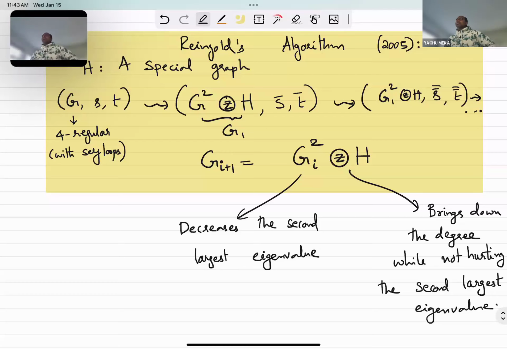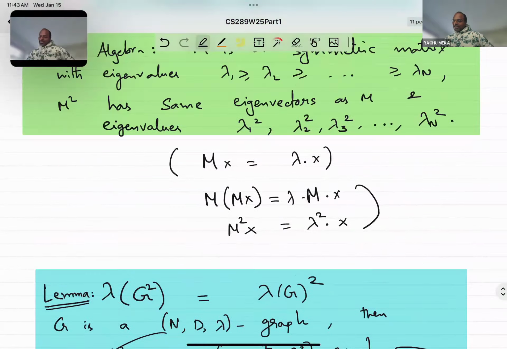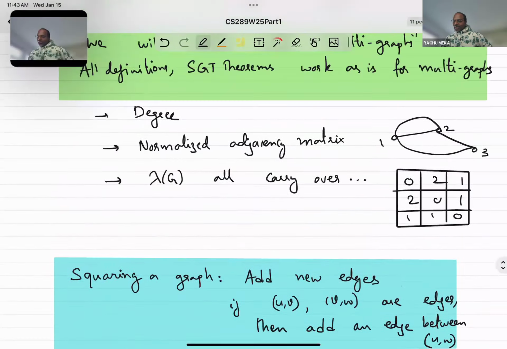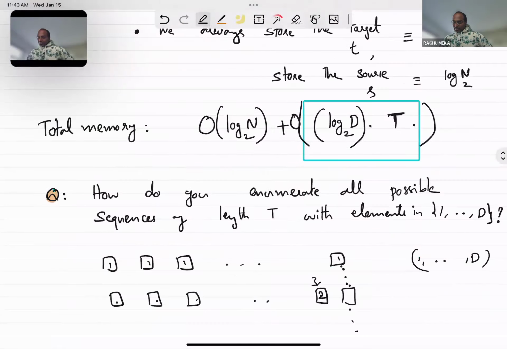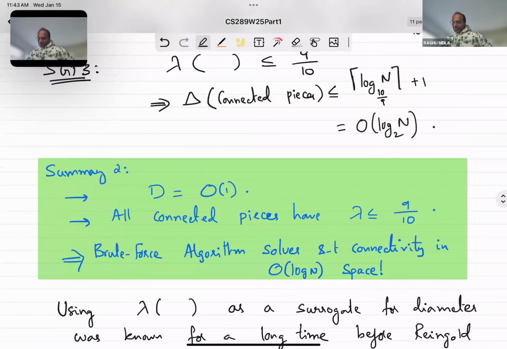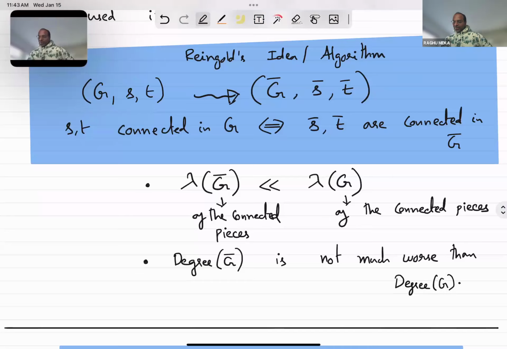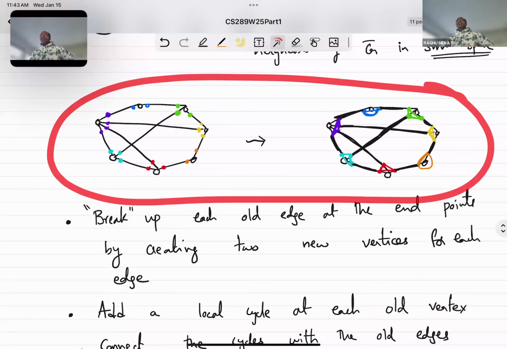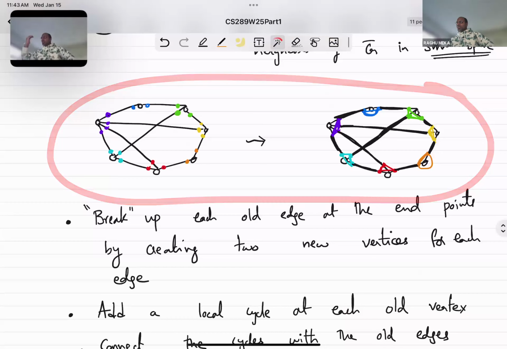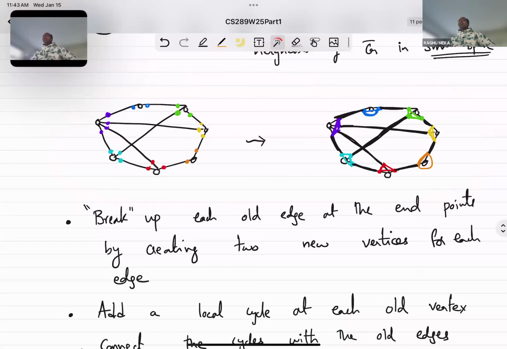Okay. So in some sense, zigzag product is a more advanced version of this replacing with cycle operation we did. It's an advanced version where you reduce the degree, but you do not hurt the second eigenvalue too much, right?